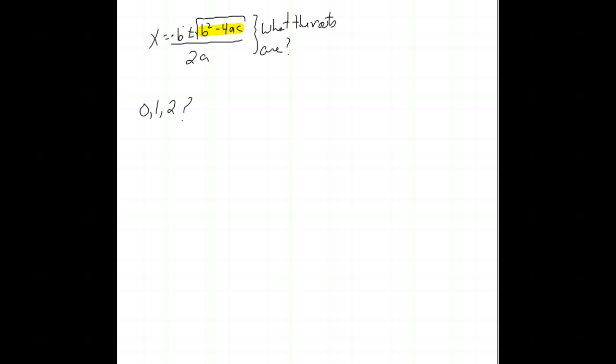Now, what we're going to do here, when you put your numbers into this b squared subtract 4ac, there are 3 types of answers you're going to get. So you could get this value, and in case you didn't know, this value is called the discriminant.